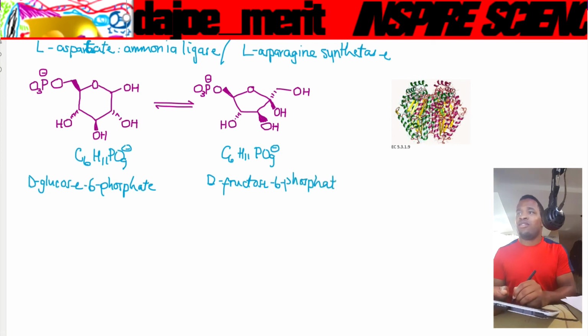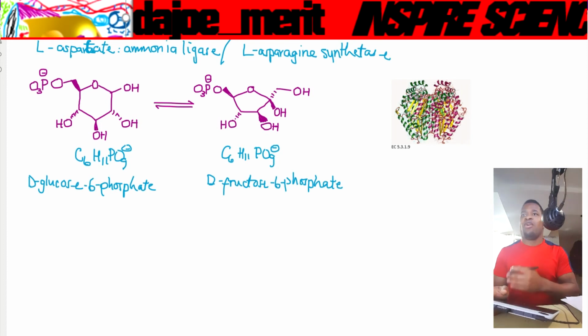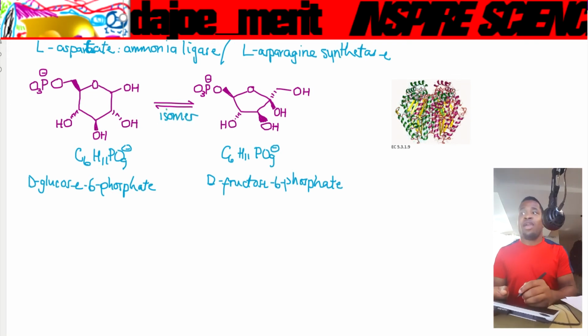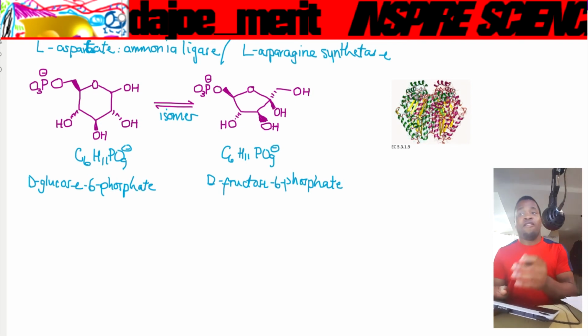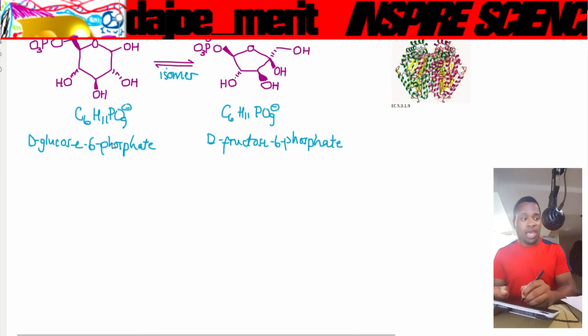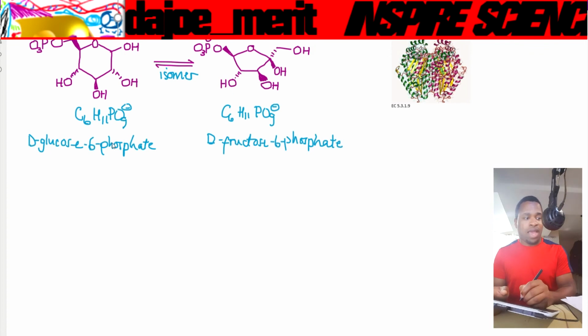phosphate. So in this case, what we can actually imply here is that these are isomers where it is a back and forth reaction there, but with the help of the enzyme you actually get into the fructose form of the phosphate. So as a result of that, what we get is this particular name where we have the substrate isomer name and then you put isomerase at the end.